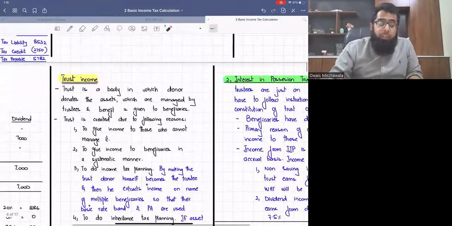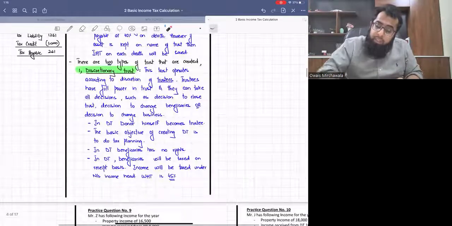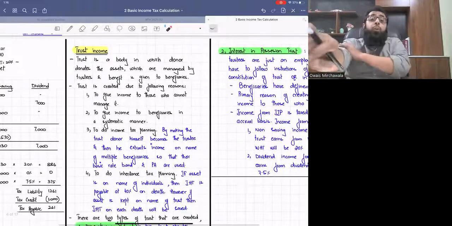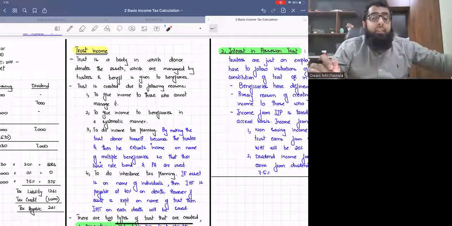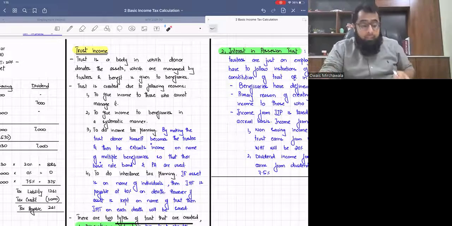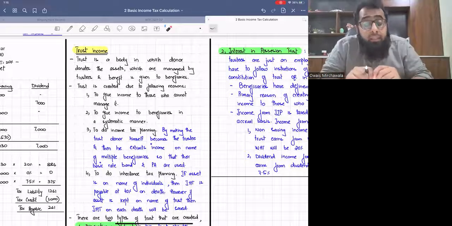What is a trust? We said that a trust is a body in which the donor donates the assets.